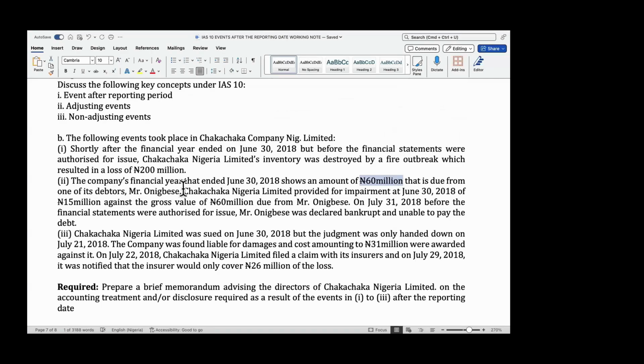Shaka Shaka Nigeria Limited provided for impairments as of June of 50 million against the gross value of 60 million due from Onigbese. In July 2018, before the financial statements were authorized for issue, Onigbese was declared bankrupt and unable to pay the debts. Who can respond to this? How should we treat this?